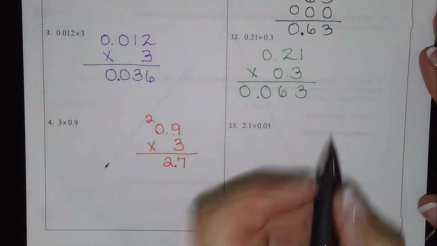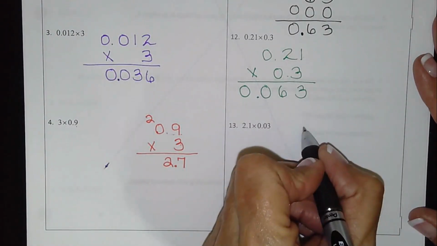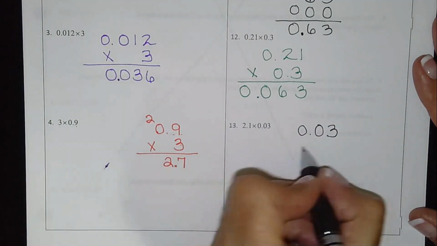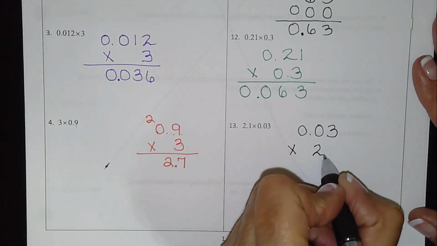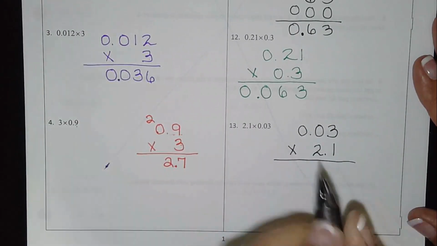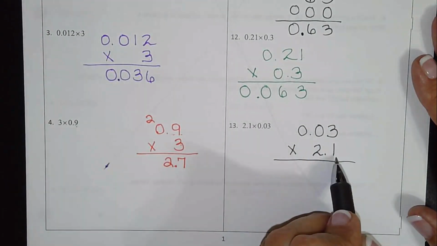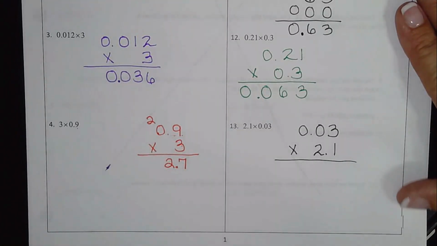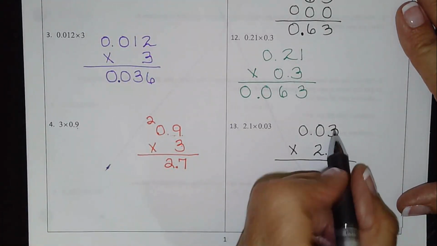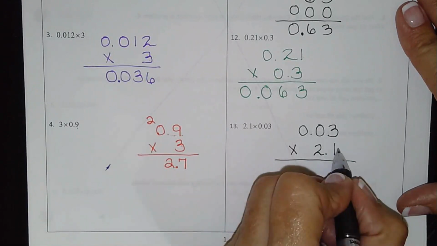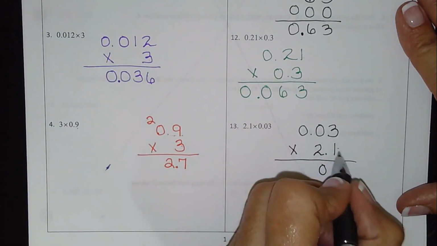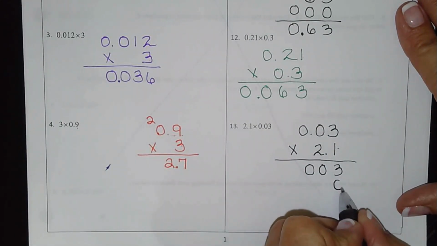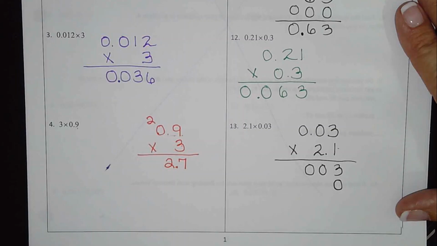And last, 0.03 is the longer number times 2.1. So I can tell this answer is going to have 1, 2, 3 decimals. So we have 1 times 3 is 3. 1 times 0 is 0. 1 times 0 is 0. Then we have a second row, so I immediately drop down that 0 that's required for the second row.